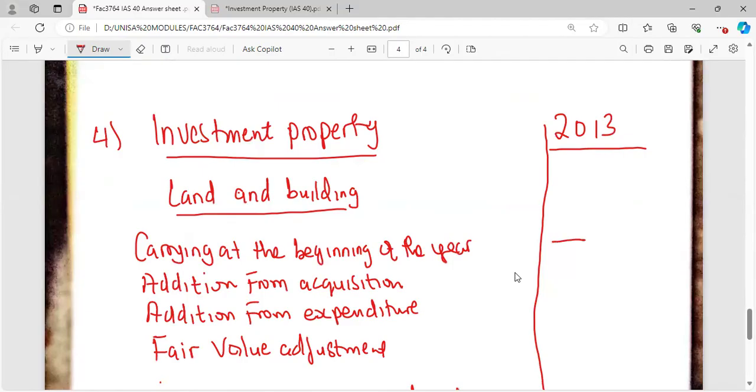The carrying amount is something that you bring from last year. So if something is for that current year, then it means you did not have the carrying amount when you started this current year. So that's another key area so that you don't lose marks.